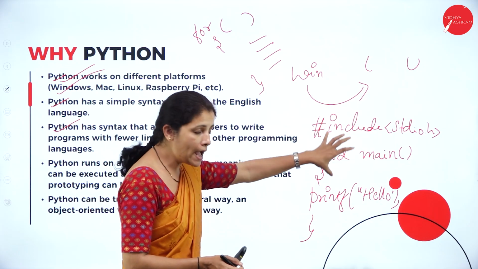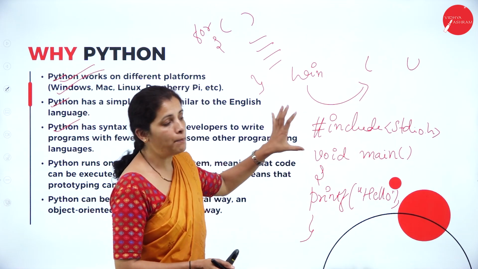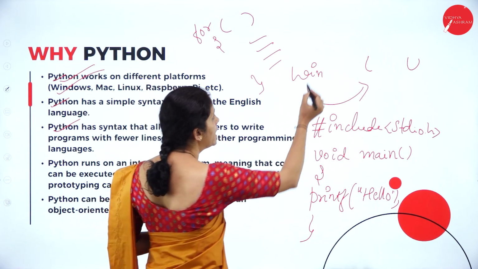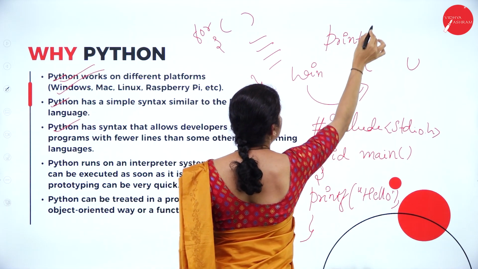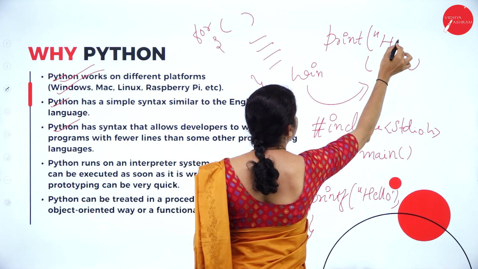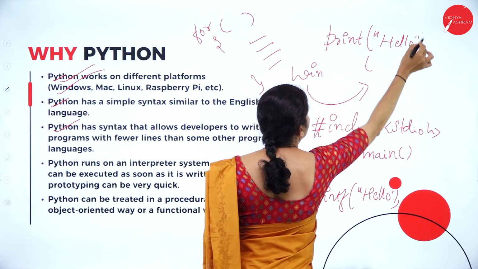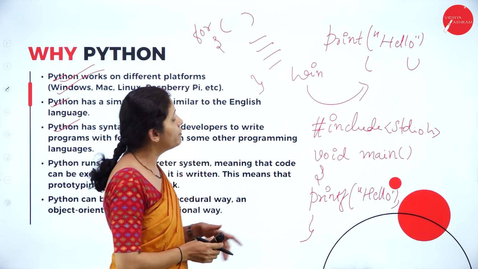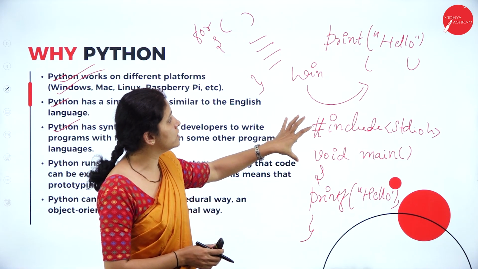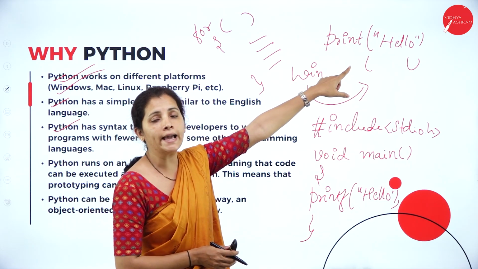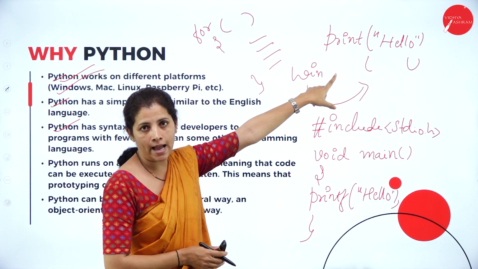But if I write same code in Python, I just required only one line, that is print hello. See the difference. Okay, for that reason it is called simple programming language, and it looks like exactly English language.